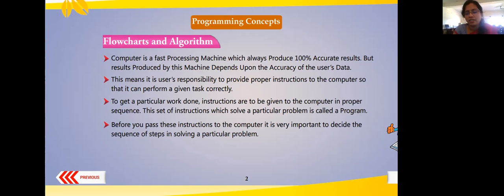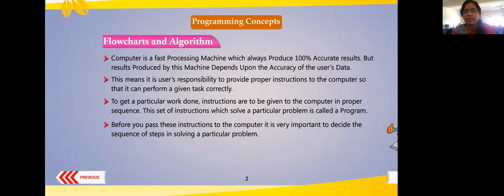Yes, children, the computer does our work completely without any error, without any mistakes, and with the highest speed and 100% accuracy, right? When I say accuracy, it means no errors, no mistakes at all.